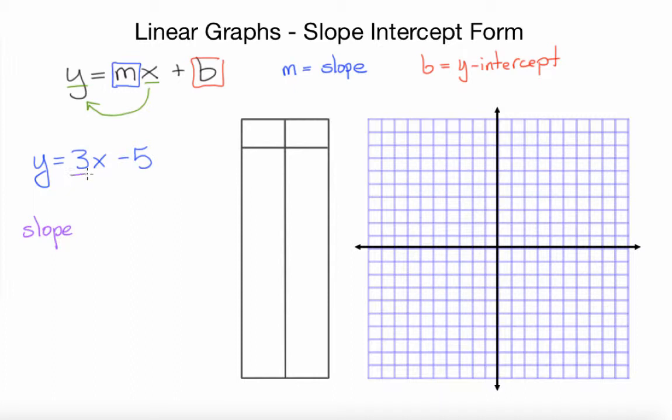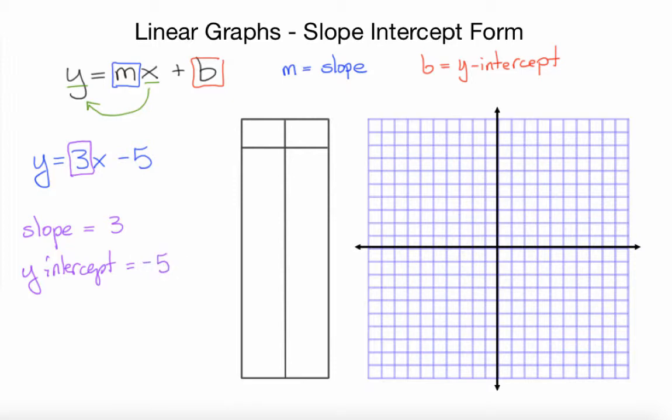In this case, it's 3, because this 3 is multiplying x. So the slope of the line is 3, which means I'm adding 3 over and over again in my pattern. I also need the y-intercept. So if 3 is my slope, my y-intercept, the value for b, is going to be equal to negative 5.